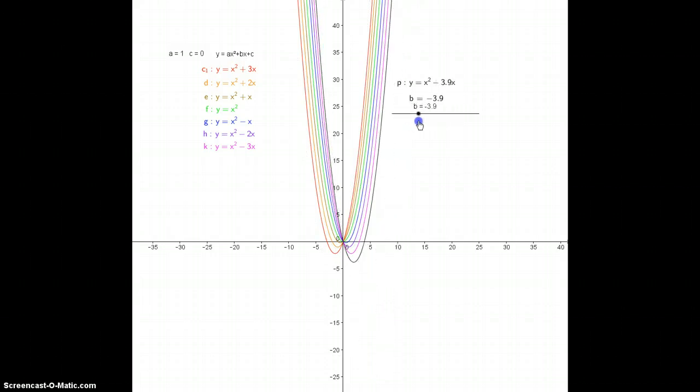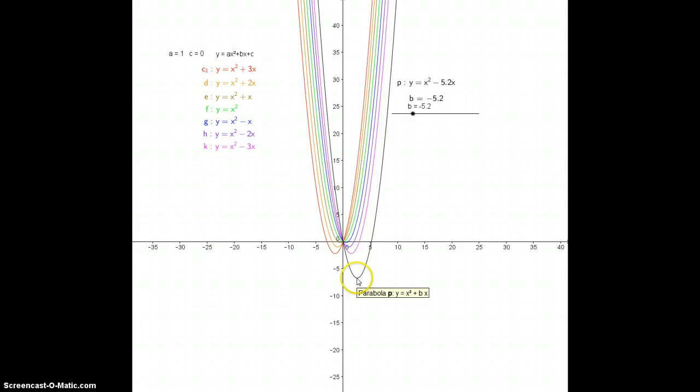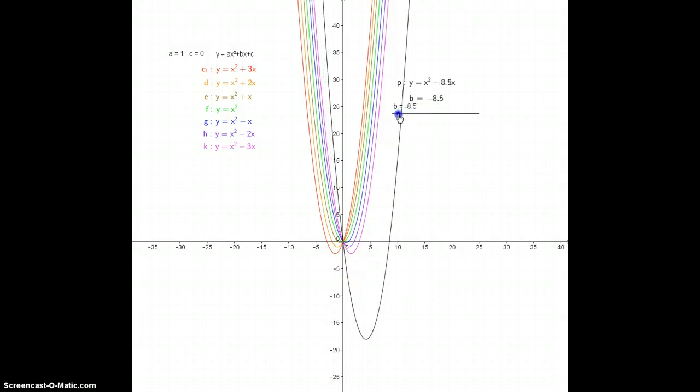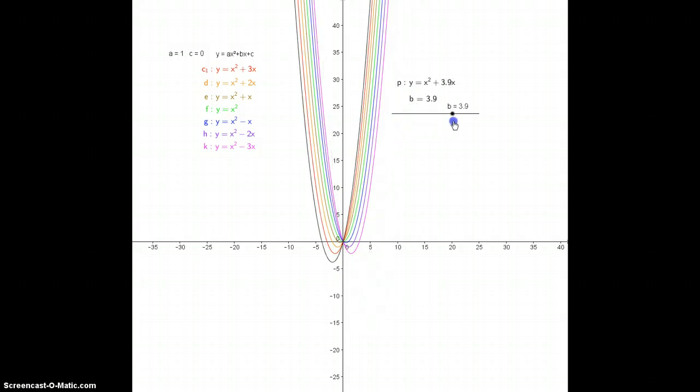An interesting aside, if we set it close to 0, then we notice that all of these vertices, which is the very bottom point of the graph, as it travels along, it seems to be following some sort of arc shape.